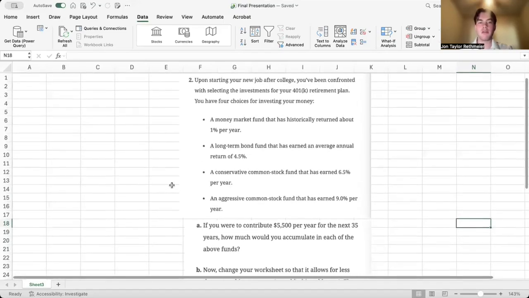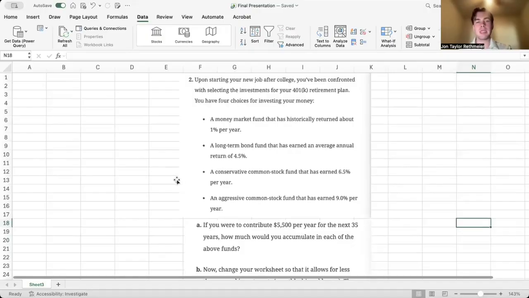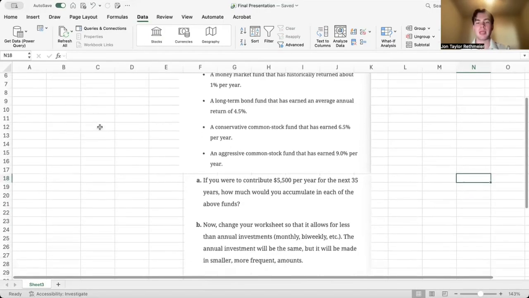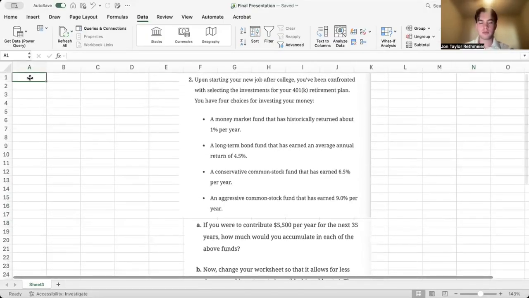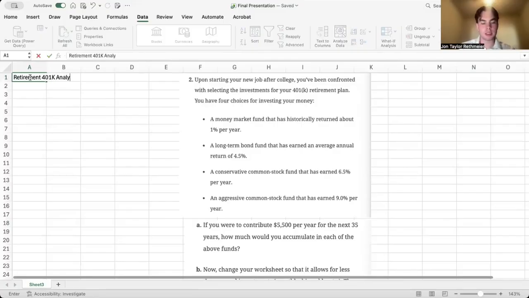To start off, I'm going quiet real quick, and I'm just going to create the whole chart that's going to help answer A and B. Start with a retirement 401k analysis.